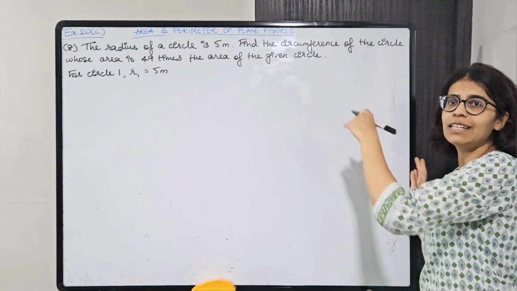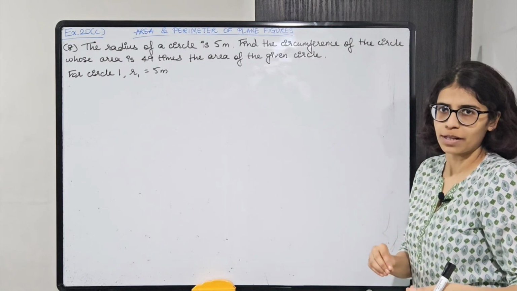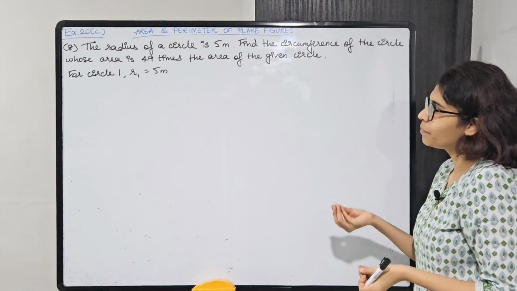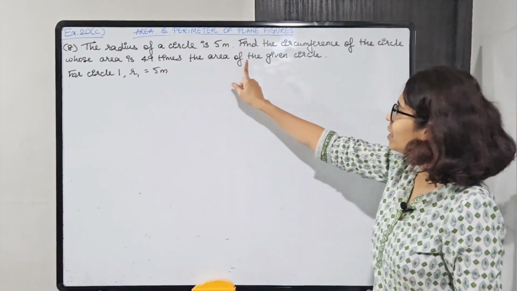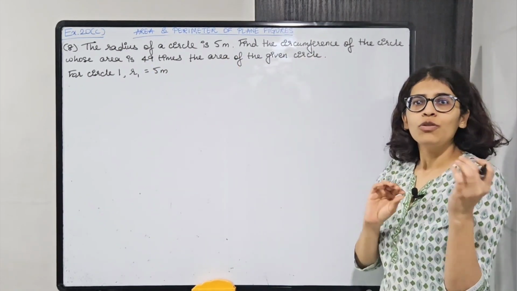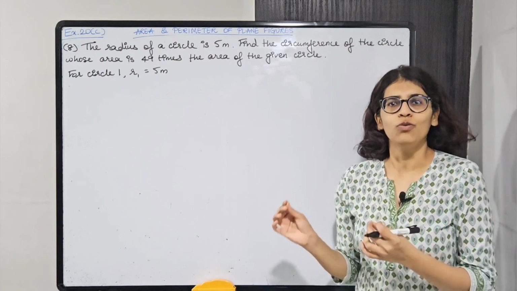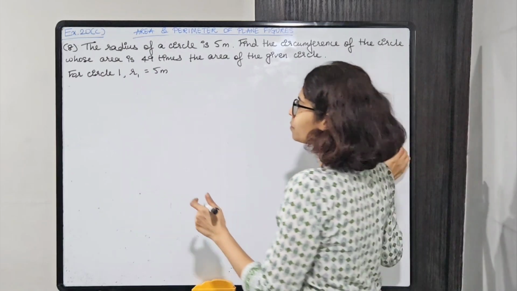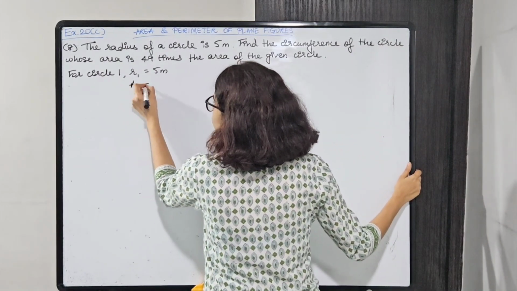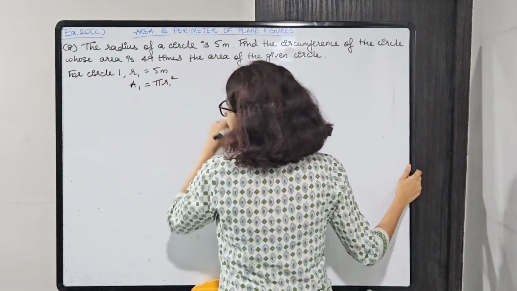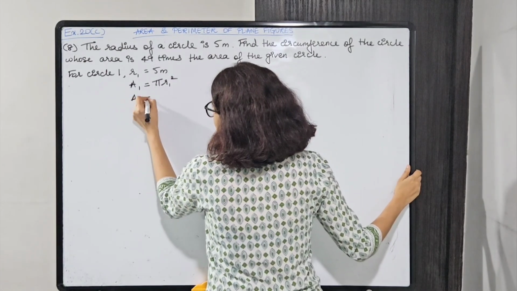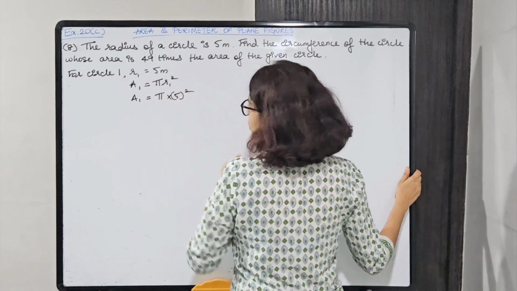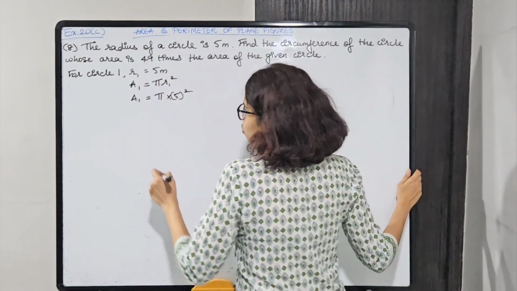For circumference, radius is required or diameter is required, any one thing is required. So I need to find out the radius or diameter of the circle whose area is 49 times the area of the given circle. So you are given the relation between the areas of the two circles. So what will the area be for circle 1? Area A1 will be pi R1 squared. So that will be pi 5 squared. Okay. So that is nothing but 25 pi.